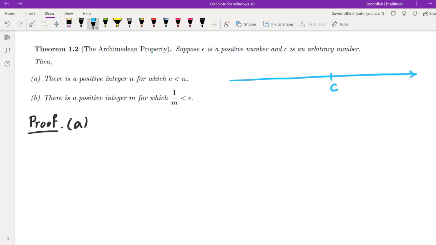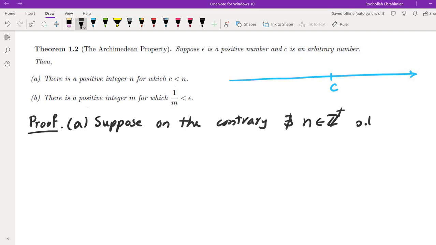So the idea of the proof is this. Let's assume this is not the case. So suppose, on the contrary, there is no positive integer n such that c is less than n.